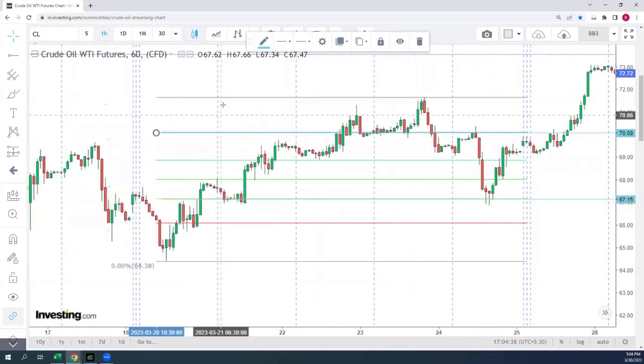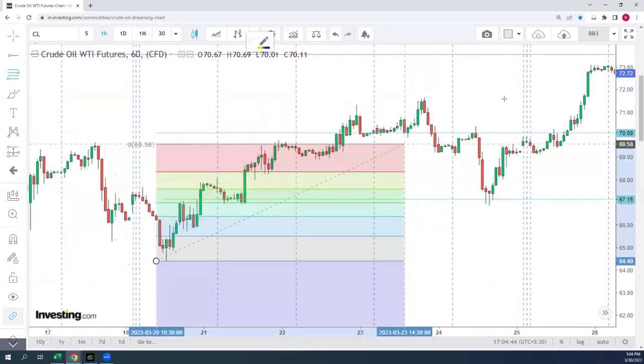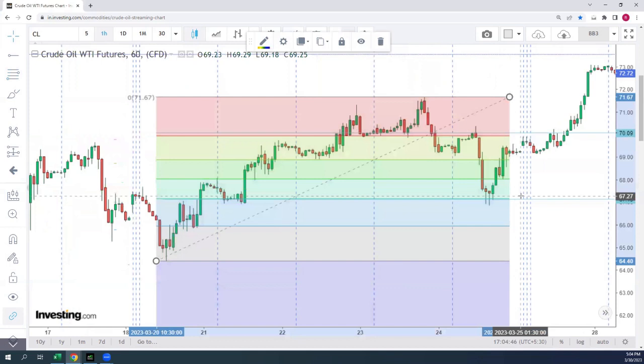So this is one Fibbo retracement. Again, it's a very simple Fibbo retracement between the high and the low of the week. As you can clearly see, this is 0, this is the 0.25 zone, this is 0.386, 50, 618, 786, and 1. The golden zones are 618 here and 386.